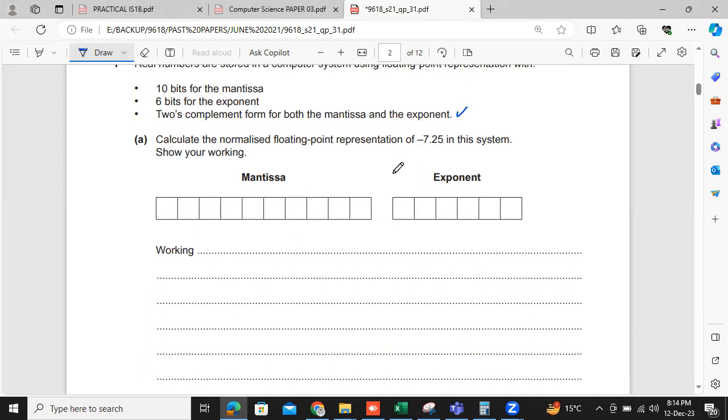Whenever you get a question of minus 7.25, it's pretty easy. First of all, I will consider this as plus 7.25.